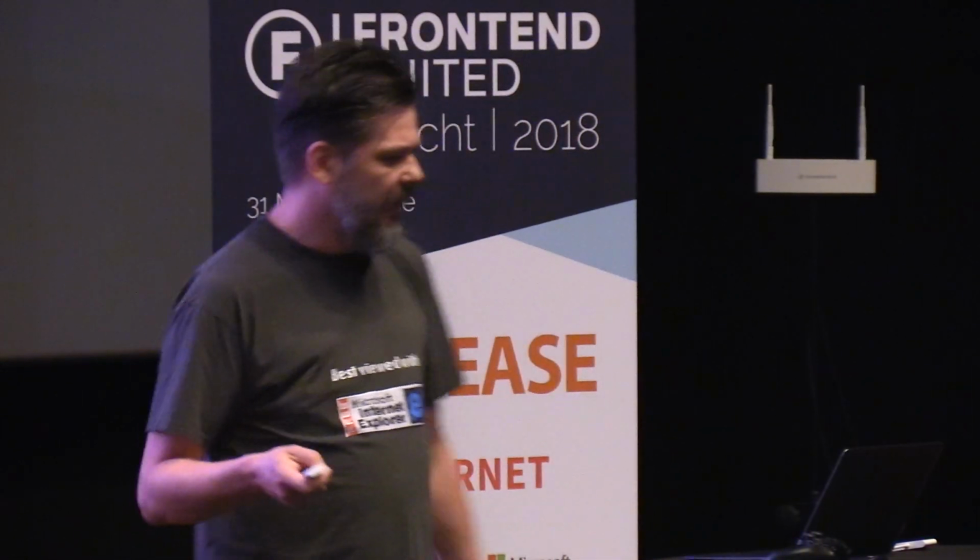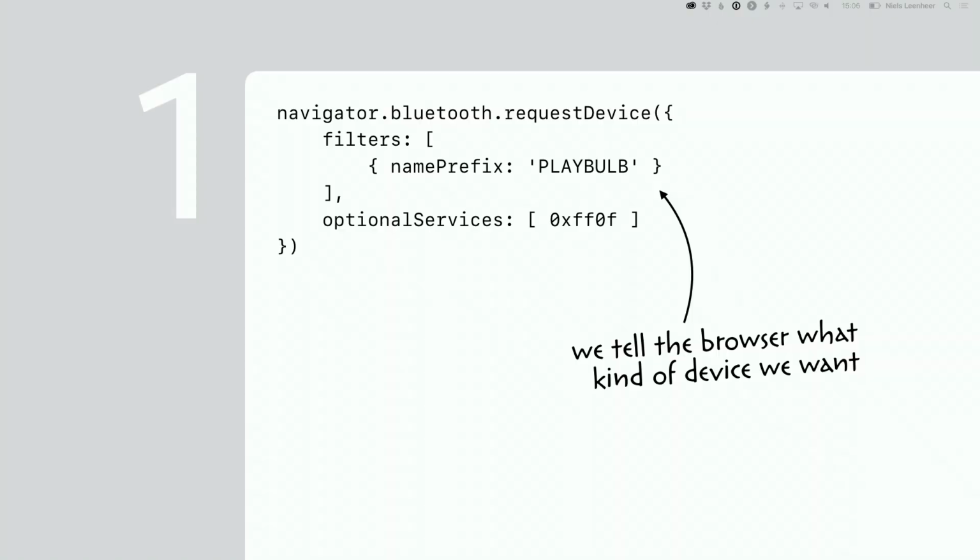You can connect to a device using navigator.bluetooth.requestDevice. And you can provide some extra parameters like the name of the device you want to connect to, or which services the device must have, or even which services you are going to use for security purposes. Then you call this, a dialog pops up.